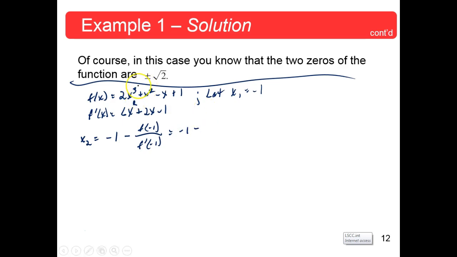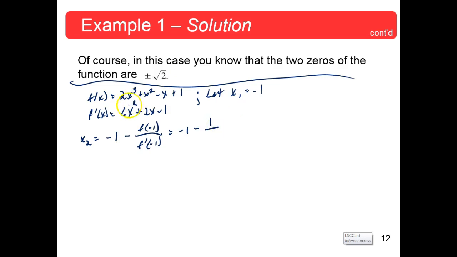Okay, what happens if we plug in negative 1 to your function? What does that give you? Negative 1 cubed is? Negative 1 times 2 is negative 2, plus a negative 1 squared is 1. So negative 2 plus 1 is negative 1. Minus a minus 1, which would be plus 1. That gives you the 0. So this gives you a 1 there, right?